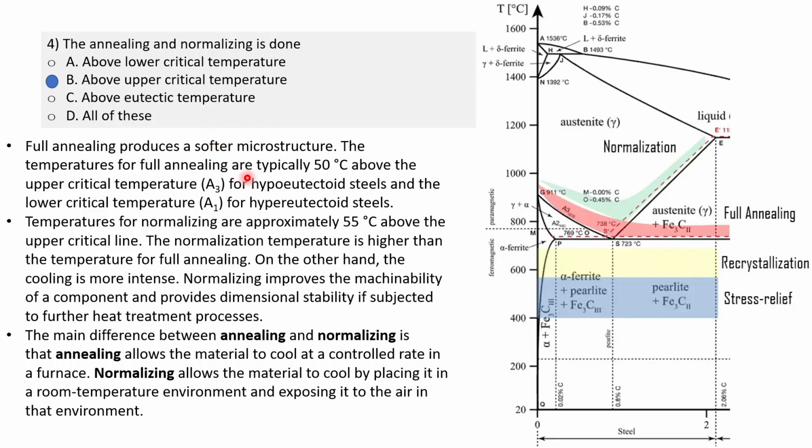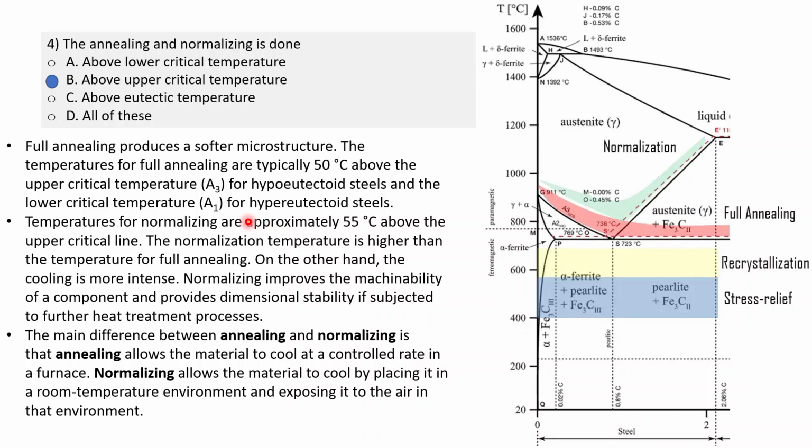So in case of hypoeutectoid, you heat 50 degrees Celsius above A3, and in case of hypereutectoid steels, you heat it to the lower critical temperature A1. So above A1 you heat in case of full annealing.